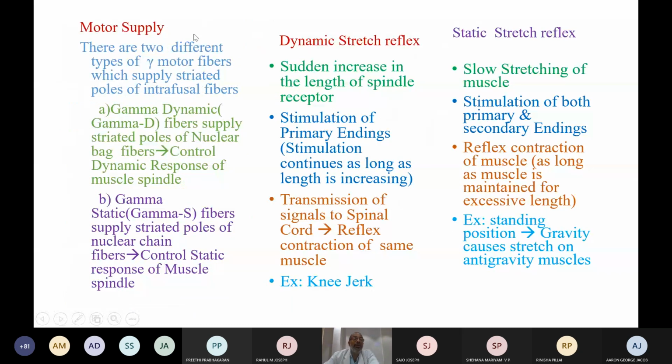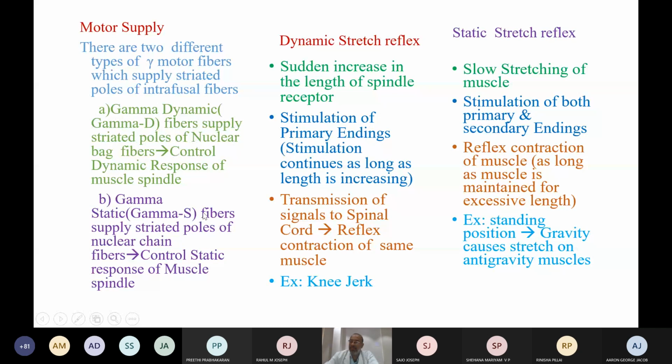And you have to know about the motor supply. What is the motor supply? There are 2 different types of gamma motor fibers which supply the striated poles of intrafusal fibers: gamma dynamic fibers and gamma static fibers. Gamma dynamic, or gamma D, fibers supply the striated poles of the nuclear bag fibers, which control the dynamic response of the muscle spindle.